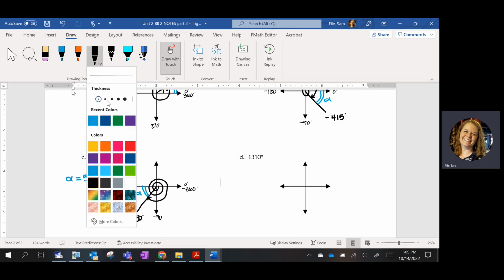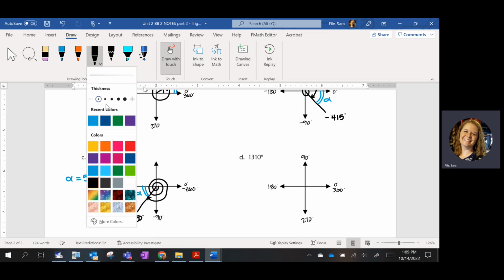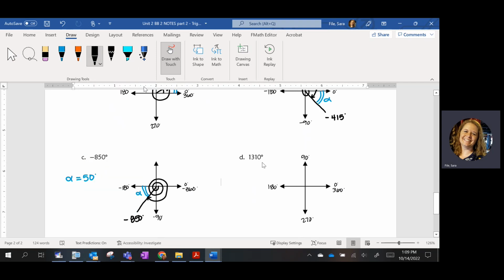Back to going in the positive direction. So this is back to being my 90, 180, 270, 360. Let's see how many rotations we're going to have to go to get to 1310. So I do one full rotation, that's 360, 720.